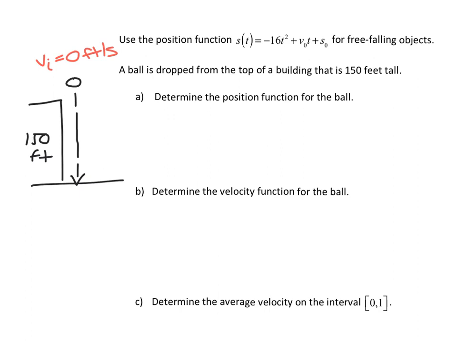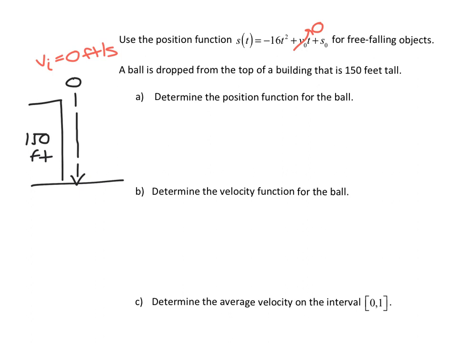Now, looking at my position equation, the position equation is s of t is equal to negative 16t squared plus v sub 0 t plus s sub 0. This v sub 0 is initial velocity, same thing as vi. So I know initial velocity goes to 0. So that whole middle term cancels out to 0.